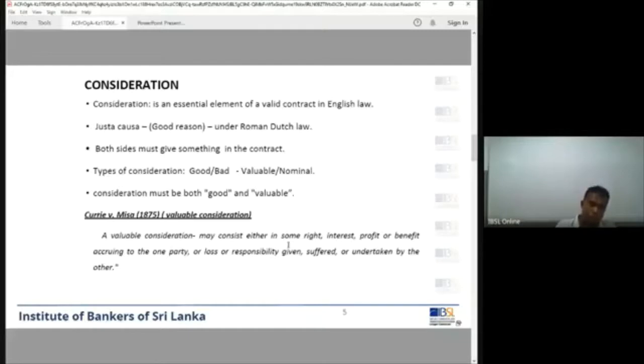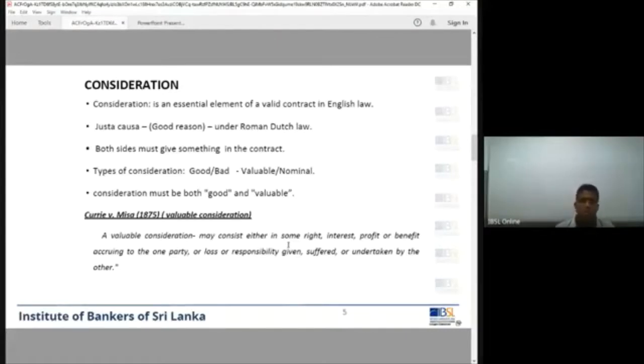There were no provisions in Roman Dutch law to cater to the insurance industry, so English law applied to solve matters with regard to insurance. So now the insurance law of Sri Lanka is governed by English law. International trade is also governed by English law. Likewise, there are certain areas of industries governed by English law.